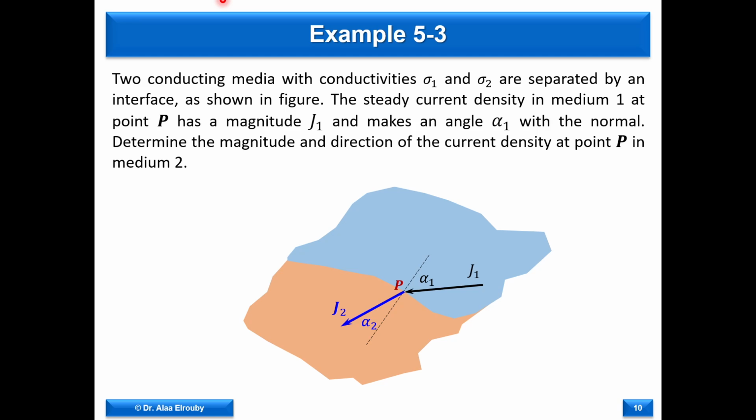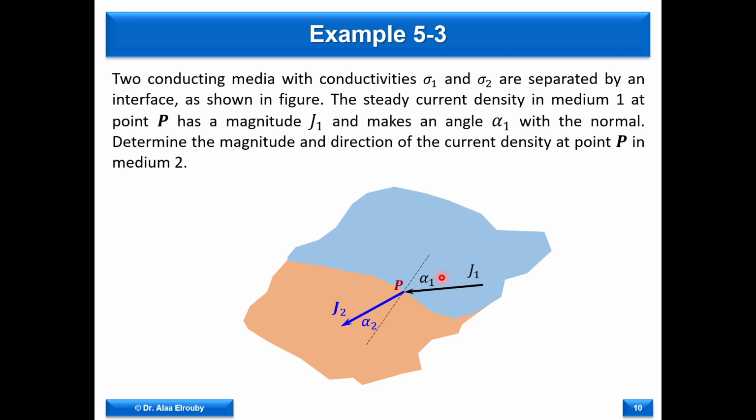We have two conducting media. Conducting media means they are carrying, or they just have, free charges. So two conducting media with sigma 1 and sigma 2 are separated by an interface as shown in the figure. The steady state current in medium 1 at point B equals J1.